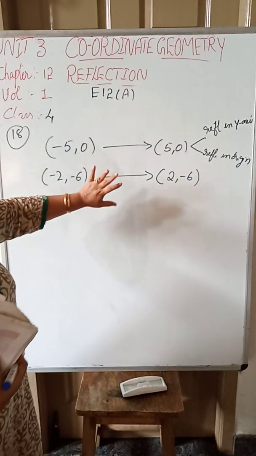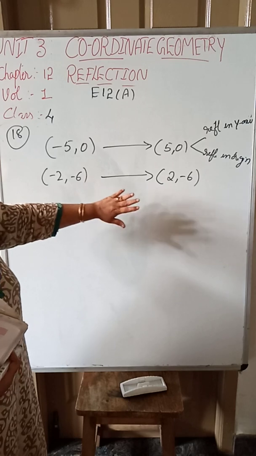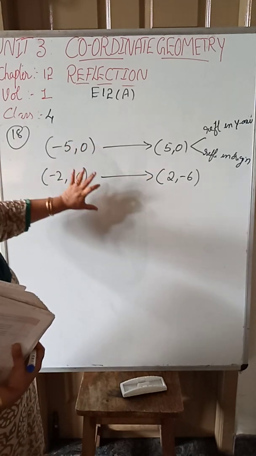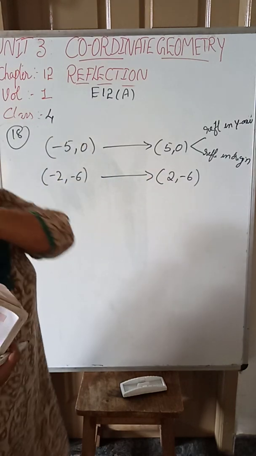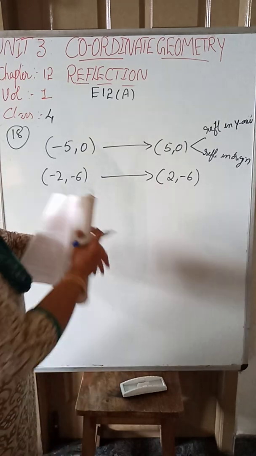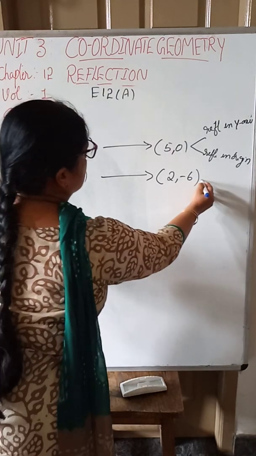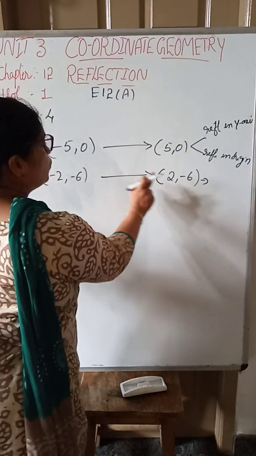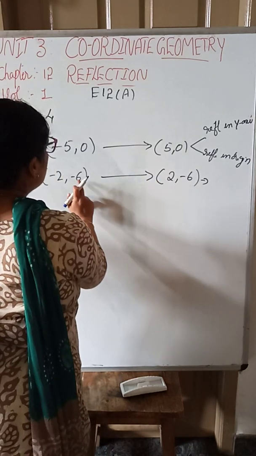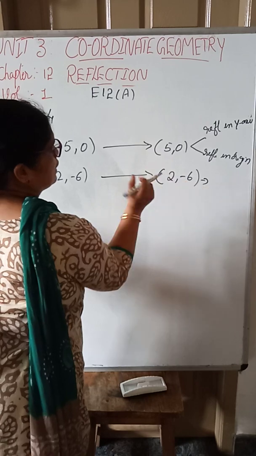But from the second one we have to confirm, because both the points lie on the same line, as given in the question. Now here we observe that -2 has changed, and -6 remains -6 itself.